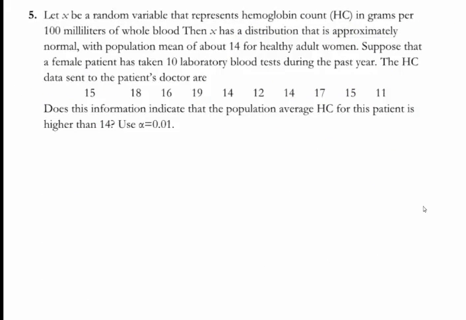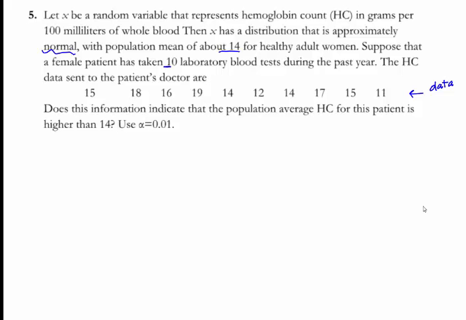More likely than not, when we are faced with real-life situations where we want to run a hypothesis test, we'll be given a bunch of raw data, and that's what we have in this example, just a list of information. So the list here is the hemoglobin count in grams per 100 milliliters of whole blood. We see that the distribution is approximately normal, with a population mean of about 14 for healthy adult women.